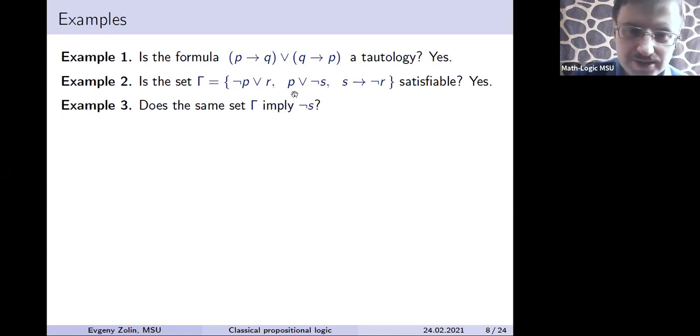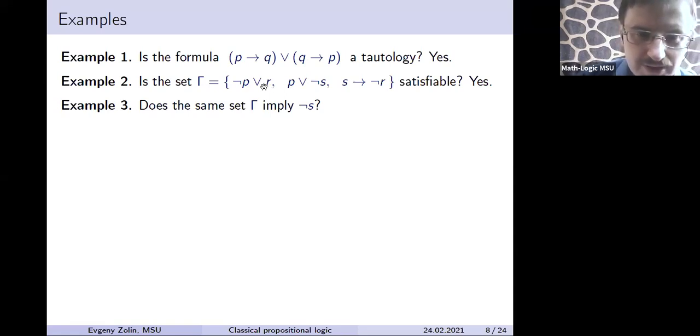After our analysis, we can even simply answer the following question: does this set imply not S? From this set gamma, we necessarily have that S implies P, because it is simply this formula equivalently rewritten.